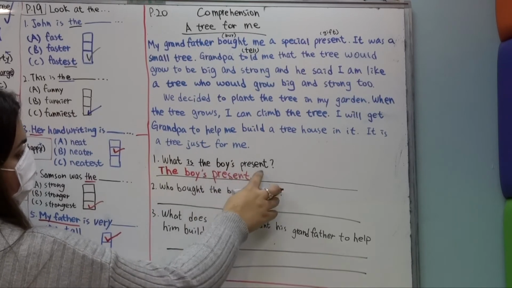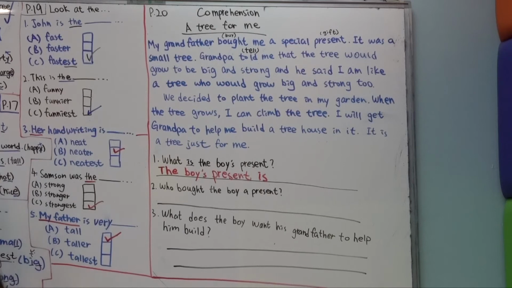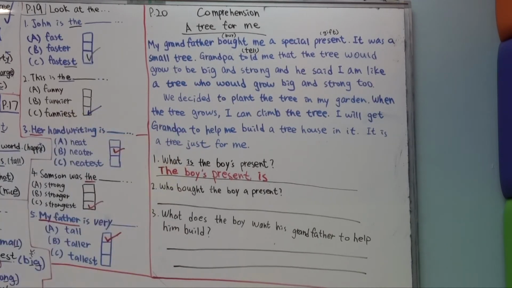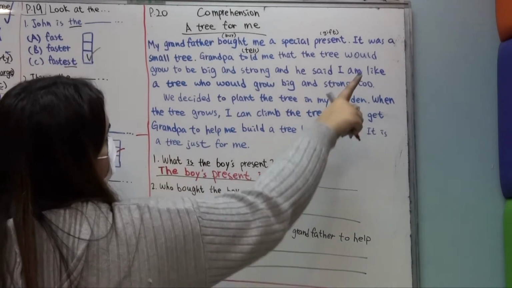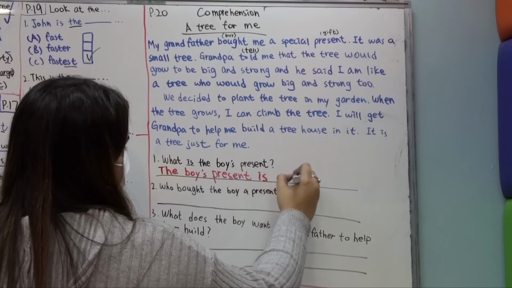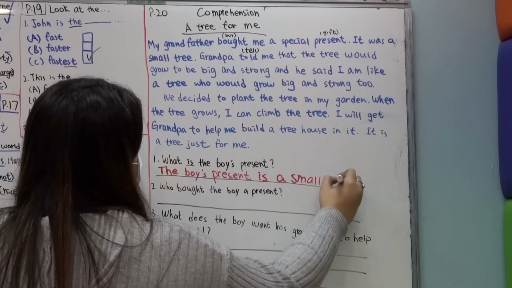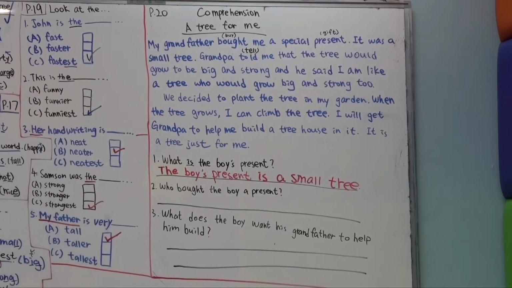The boy's present is what? Is a small tree, right? So this is the answer for number 1. Okay, please write it on number 1 for me.